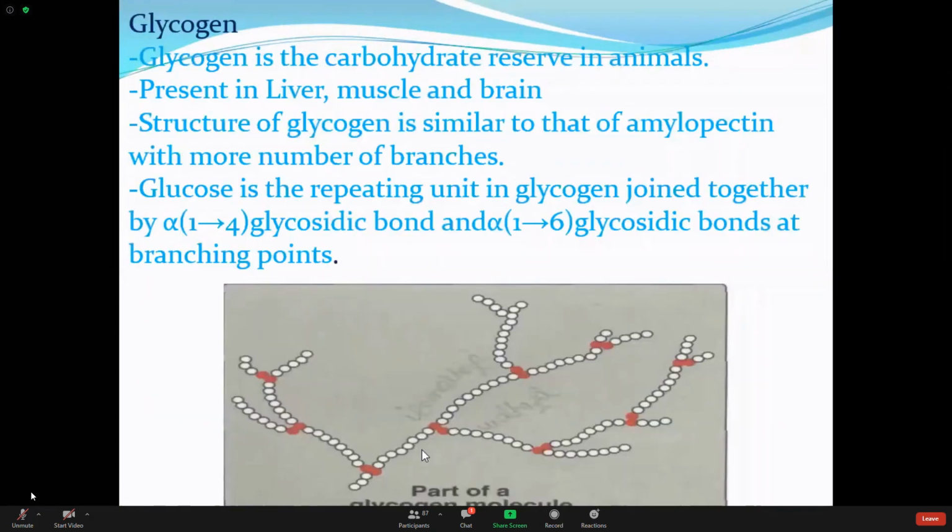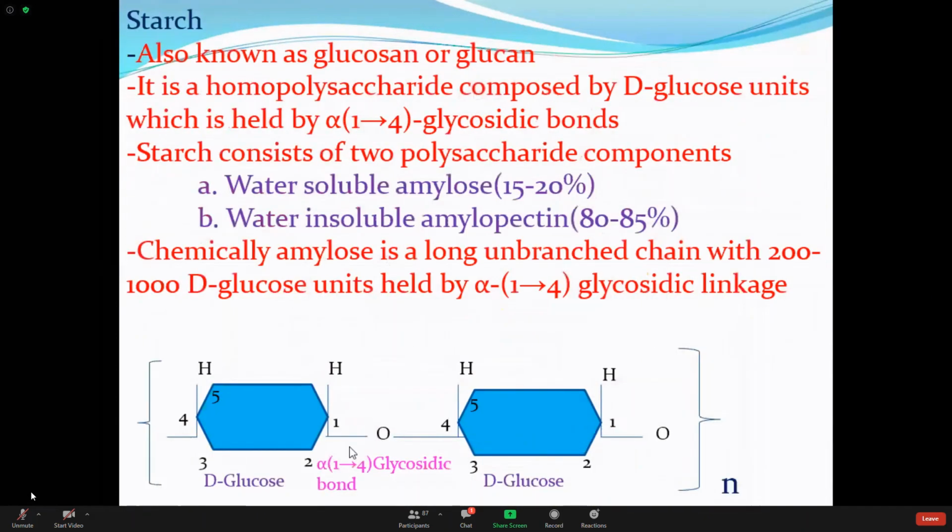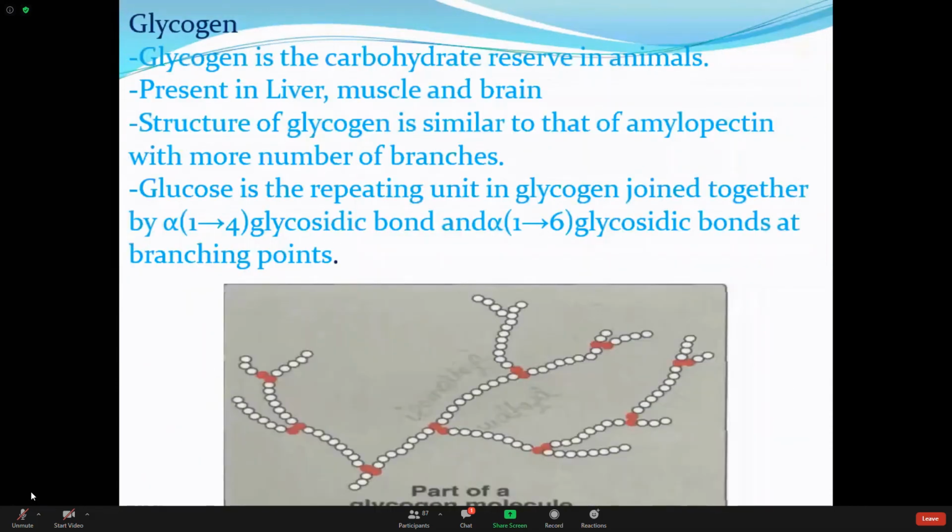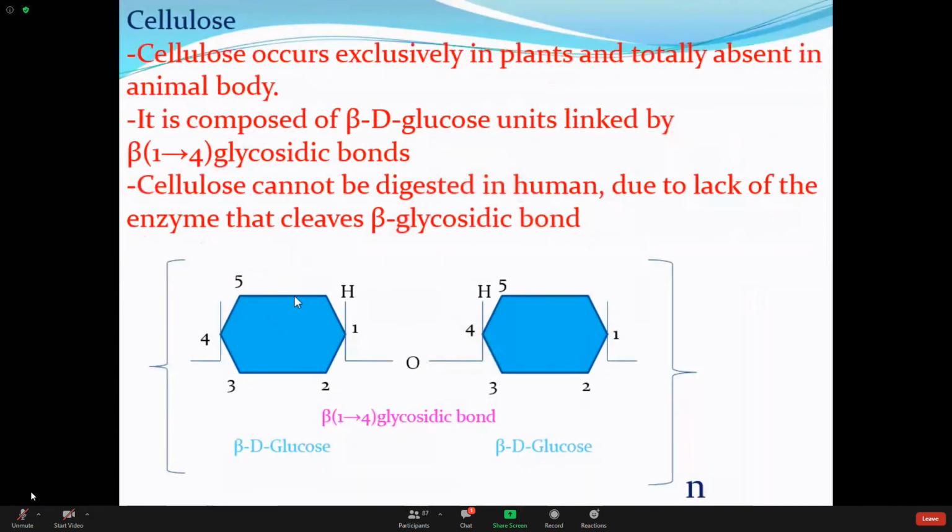For starch, as you can see, this is alpha 1,4 glycosidic linkage, because this sugar is the alpha variety of the sugar. Okay. I told you about the alpha and beta anomers. So this is the alpha variety of the sugar, that's why this is alpha glycosidic linkage. But for cellulose, this sugar is a beta variety.